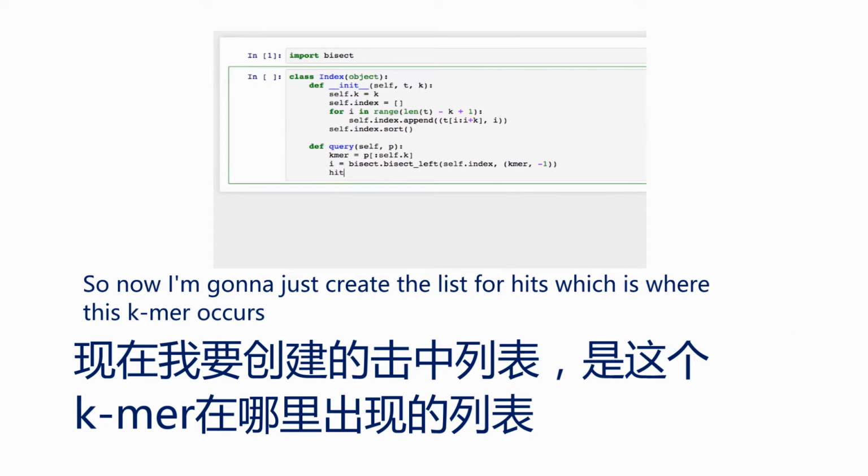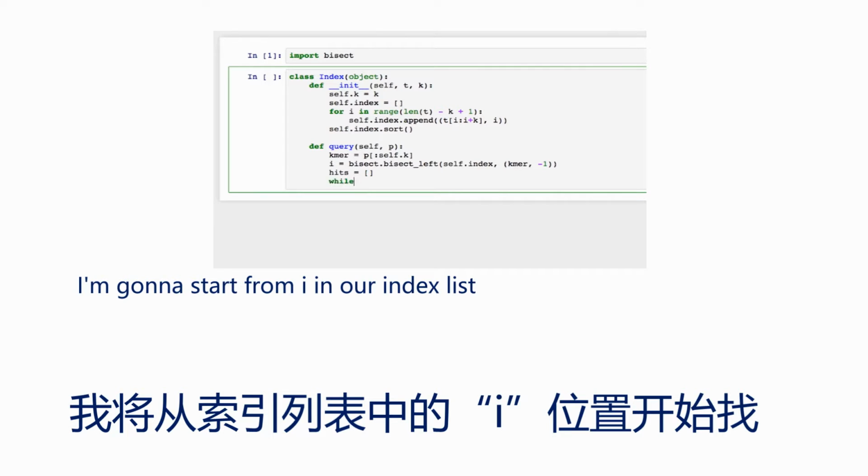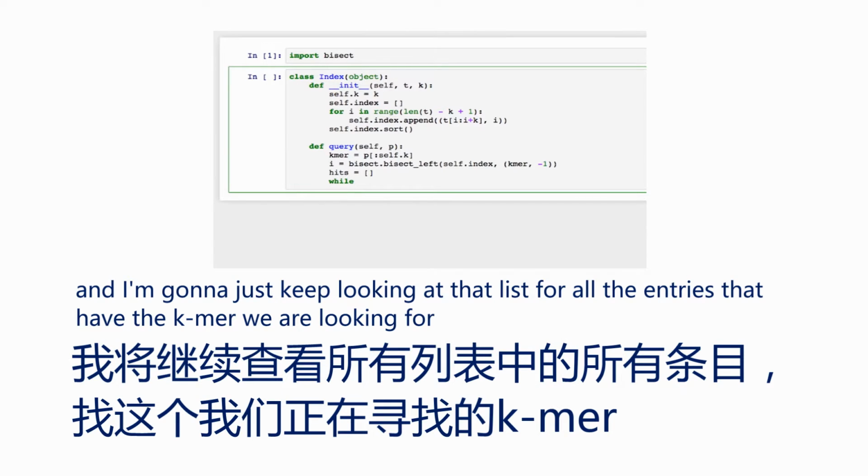So now I'm going to create an empty list for hits, which is where this k-mer occurs. I'm going to start from i in our index list, and I'm going to keep looking in that list for all of the entries that have the k-mer we're looking for.